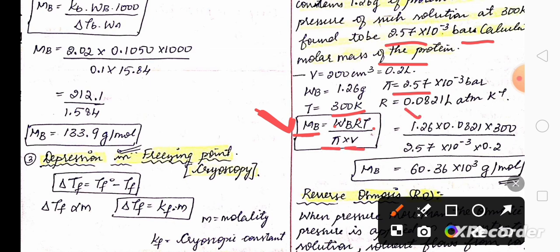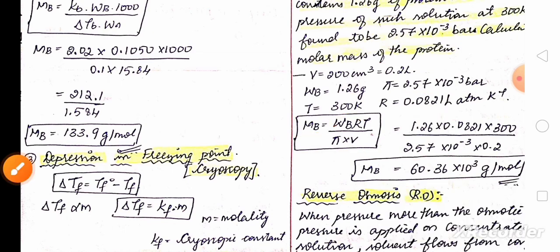So the mass of protein is 1.26 grams, R value is given 0.0821 liter atmosphere per Kelvin, T is 300 Kelvin, pi value is 2.57 into 10 to the power of minus 3 and volume V is 0.2 liters. When you calculate, you will get the molar mass of protein 60.36 into 10 to the power of 3 grams per mole.